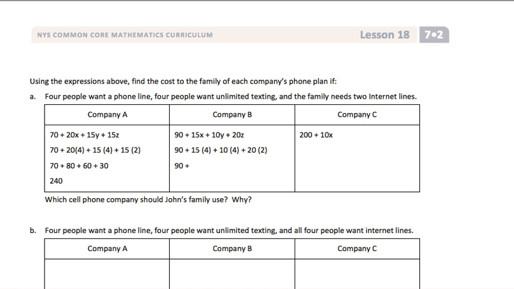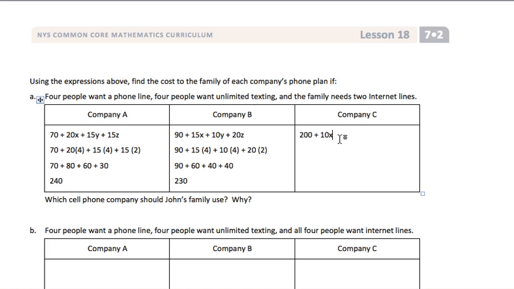Again, we do our calculations. 15 times 4 is 60. 10 times 4 is 40. 20 times 2 is 40. And so the value or the cost of this plan would be $230.